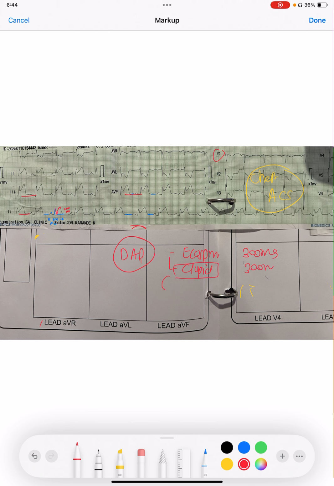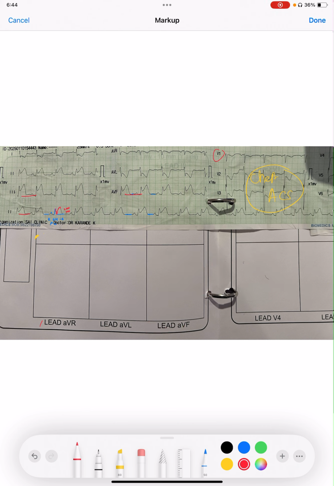Many doctors prefer ticagrelor or Brilinta in the dose of 180 milligram as well. So this is the dual antiplatelet, either ecosprin with clopidogrel, or ecosprin with ticagrelor. Along with that, atorvastatin 80 milligram or rosuvastatin 40 milligram must be given. So this is the loading dose of dual antiplatelet with statins.